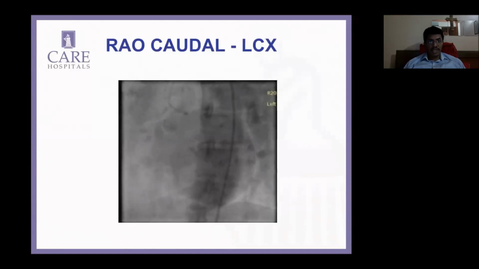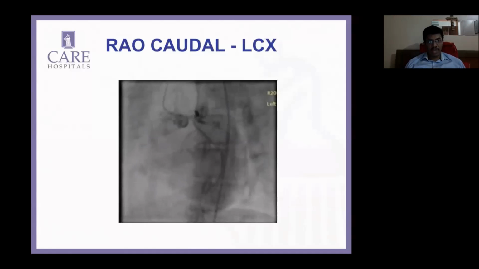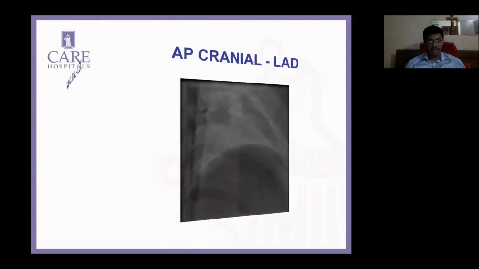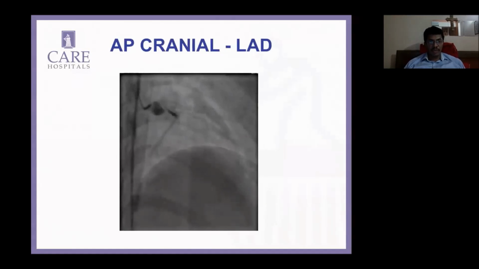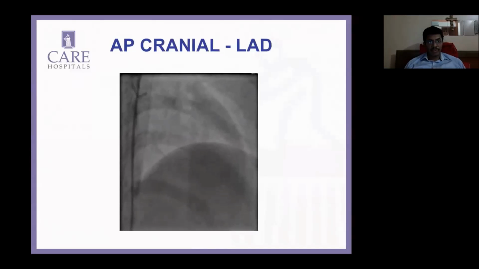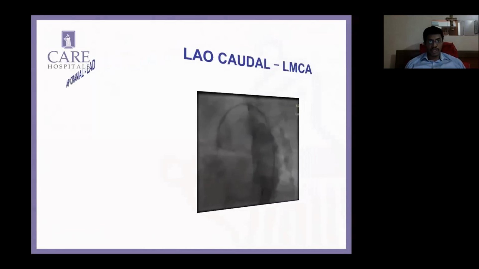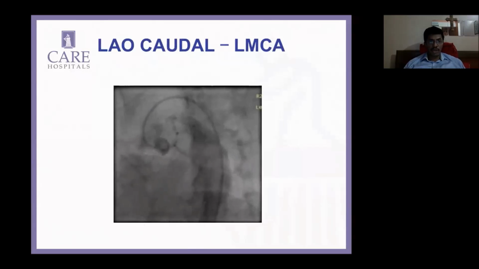This is the caudal view of the left side, where you're seeing the circ, left main and circ. This is the AP cranial view, where you can see the LAD. So these are the 3 views, and we also took a caudal view.